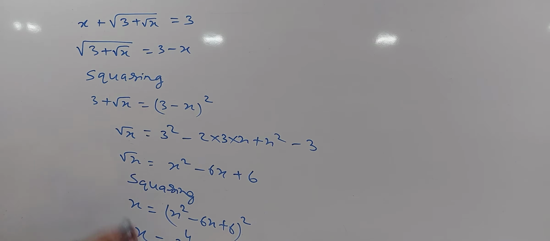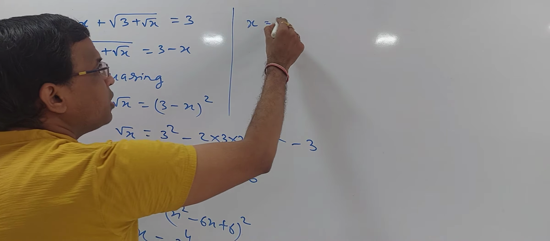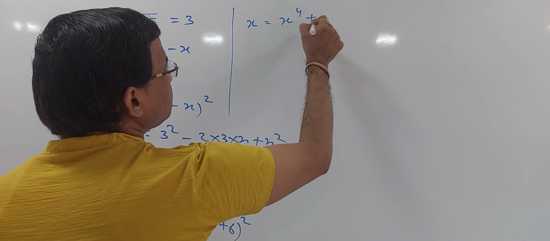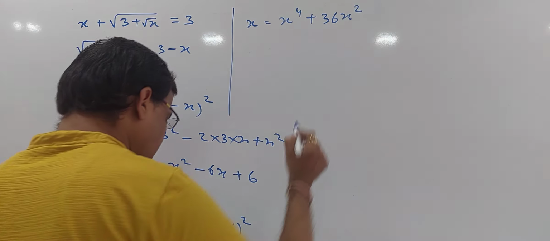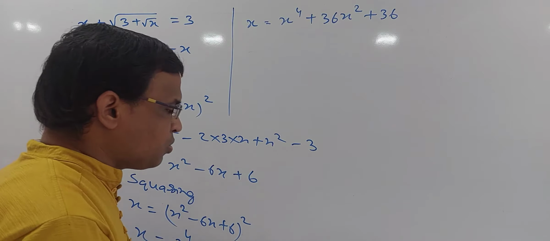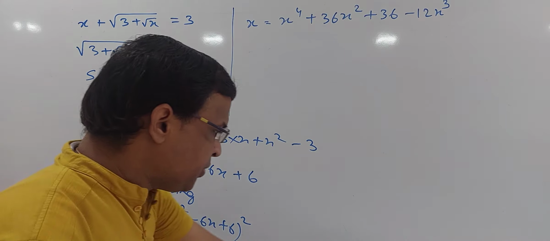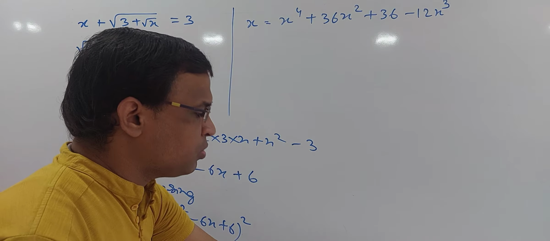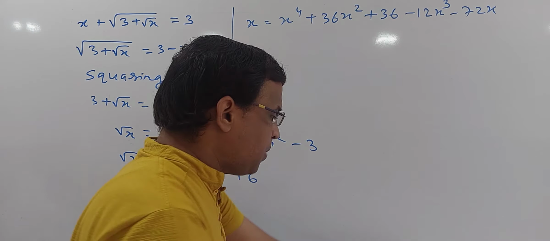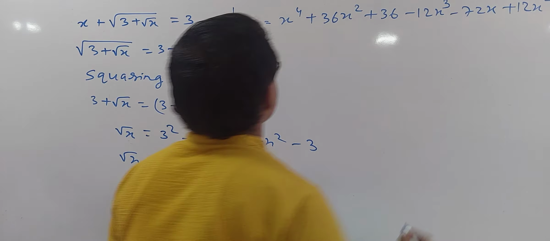So when you simplify it, x will be equal to x power 4 plus 36x square plus 36, then 6 2s are 12, minus 12x cube. Then 6 6s are 36, 36 2s are 72x, that is minus 72x, and finally 6 2s are 12x square, so plus 12x square.